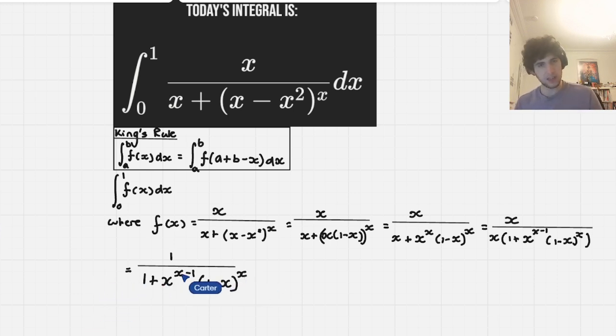And so now let's apply the King's rule. This is going to be equal to the integral, by the King's rule, of f of 1 minus x, that is 0 plus 1 minus x, dx.